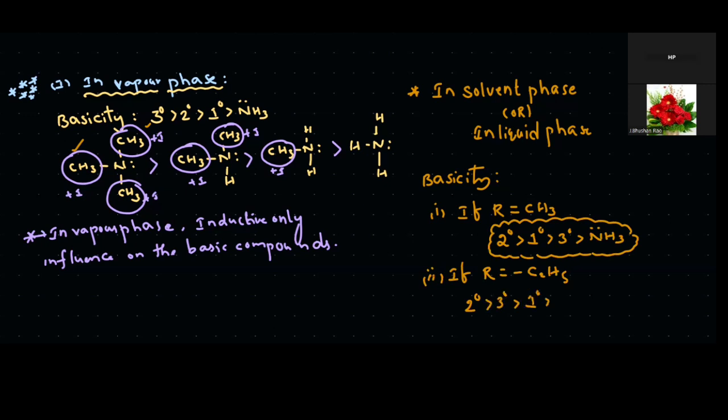This is the order for basicity of amines if R equals C2H5. This order is very important.